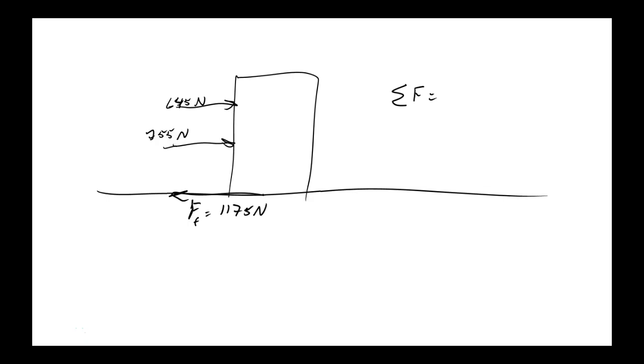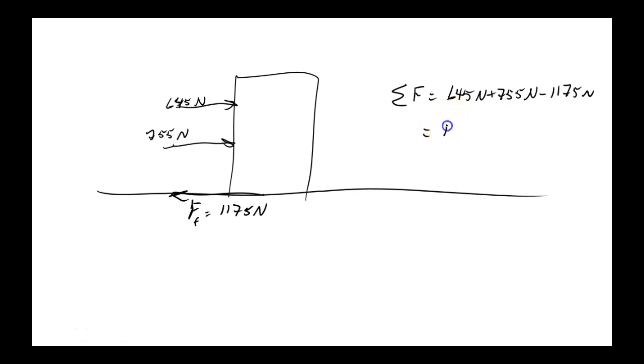I'm drowning up here. Add the 2 to the right, 645 newtons plus 755 newtons, and then subtract the 1175 newtons. Okay, I'm going to do the addition first because that's a little easier.